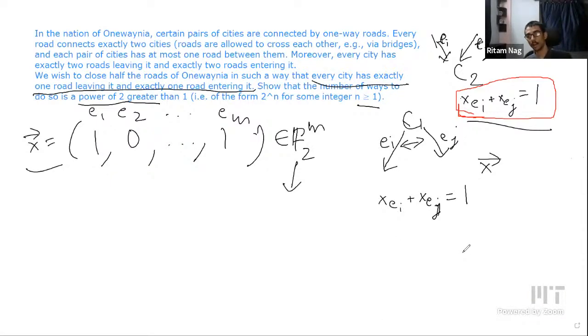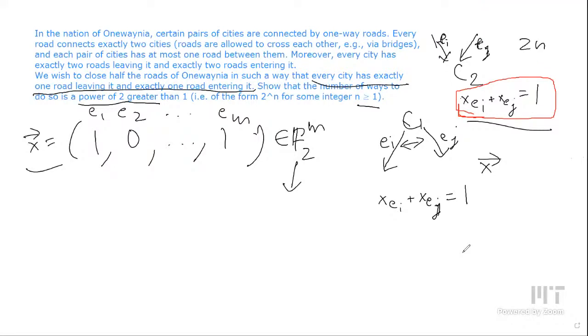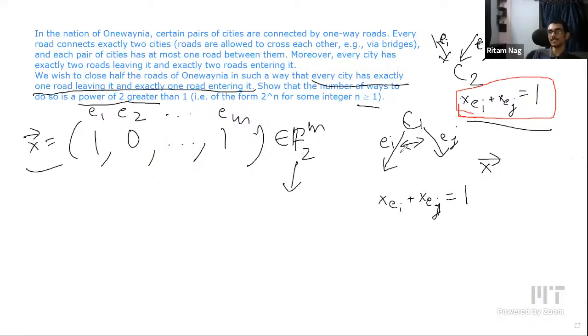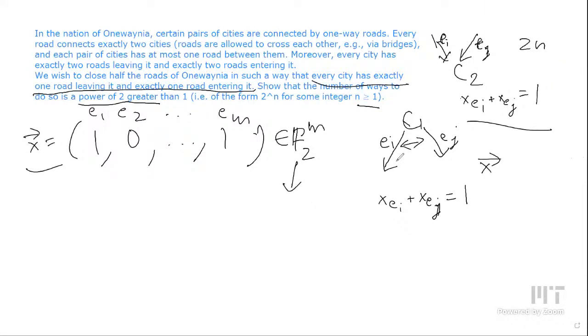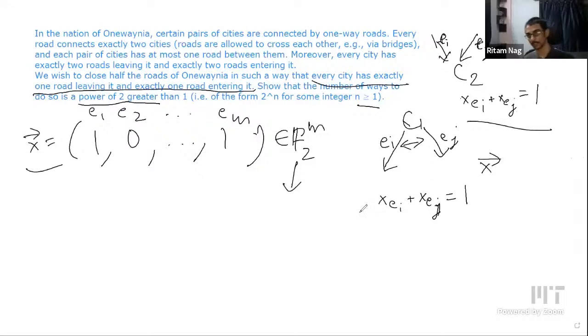Oh, right. You are correct, I think. He's just saying that 0 plus 1. You are right. I should have been a bit more specific. This is not a subspace. This is actually a translation of a subspace. So the subspace we want corresponds to the homogeneous version of all these equations.